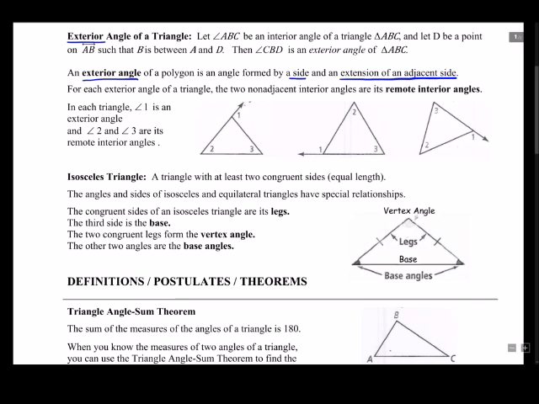So we see the side is extended and we have an exterior angle. The side is extended, we have an exterior angle. And on this one as well. You can extend any side to create an exterior angle. So we could even extend this side, and then this would be the exterior angle.